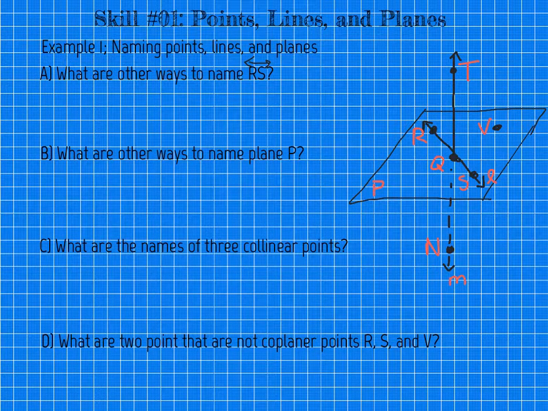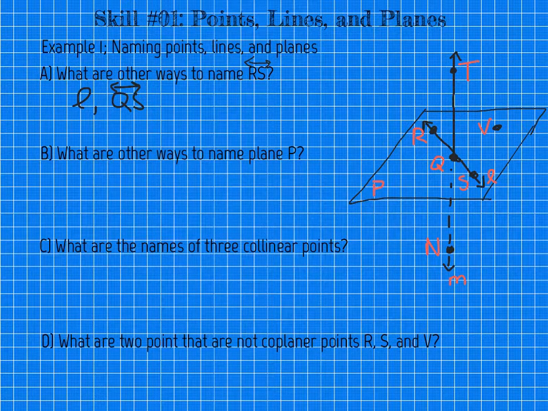Okay, so we're looking for just other names for it. So that would be line L, or we could call it line QS, and then we have to have a line symbol above it.